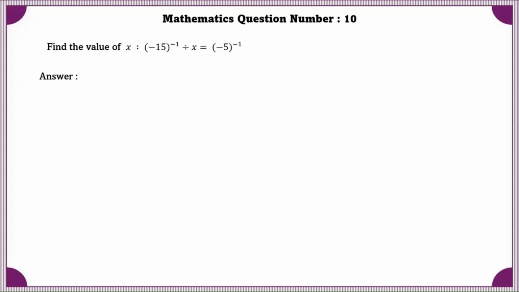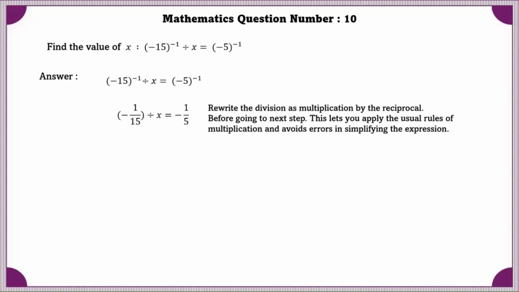Mathematics question number 10. Find the value of x. Minus 15 whole to the power minus 1 divided by x is equal to minus 5 whole to the power minus 1. Rewrite the division as multiplication by the reciprocal before going to the next step. This lets you apply the usual rules of multiplication and avoids errors in simplifying the expression.